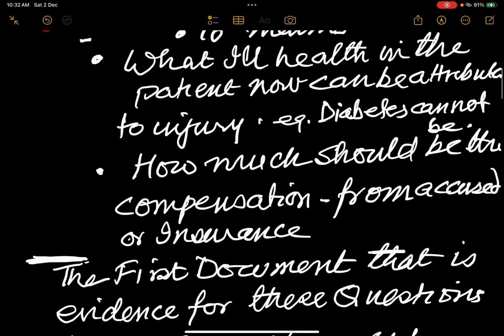Then the court wants to find out how much is the loss to the patient because of the injury, and by that they allot compensation from the third party insurance of the accused or the accused himself.